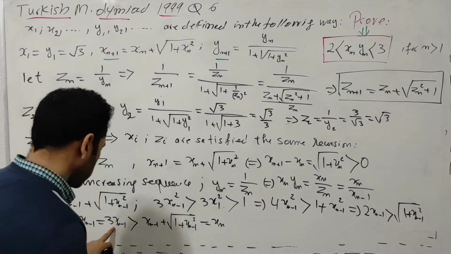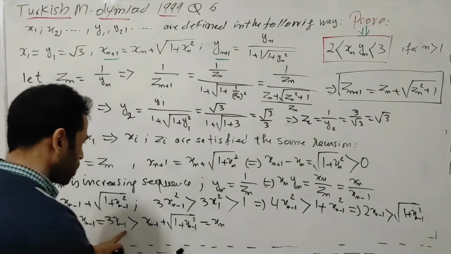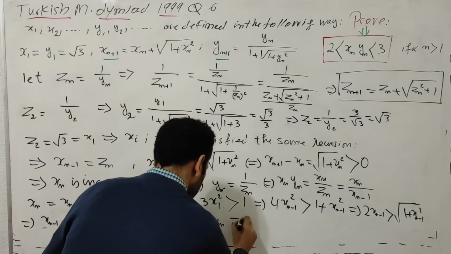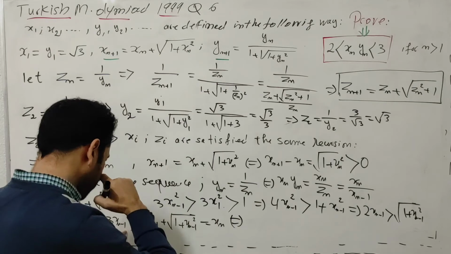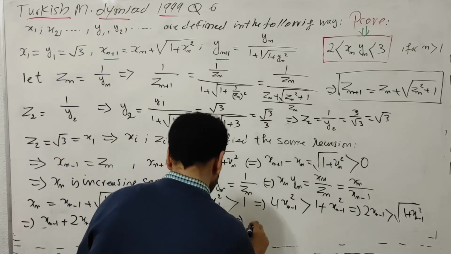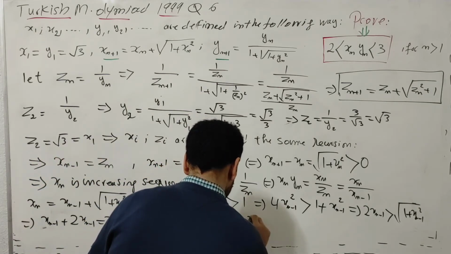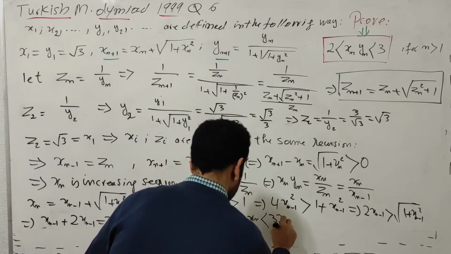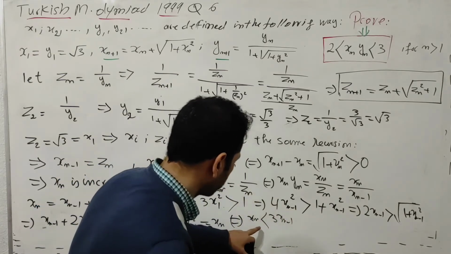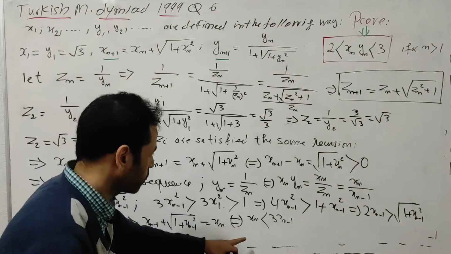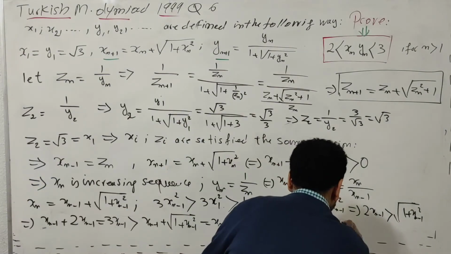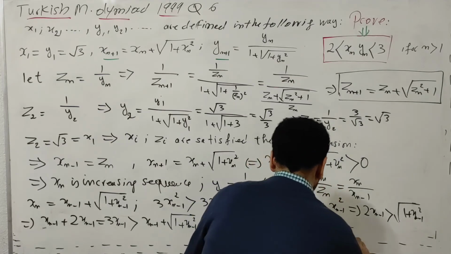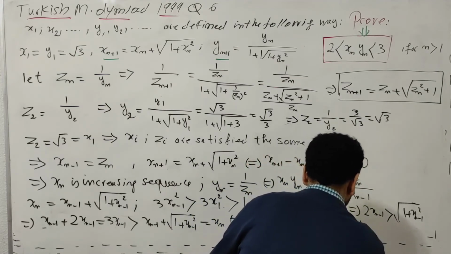Now I found the relationship between x sub n minus 1 and x sub n. Okay? This is equivalent to x sub n is strictly inferior than 3 x sub n minus 1. I'm going to divide both sides by x sub n minus 1. So we'll have x sub n over x sub n minus 1 is strictly inferior than 3.